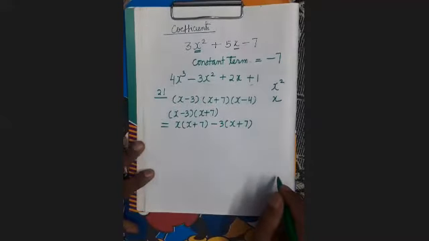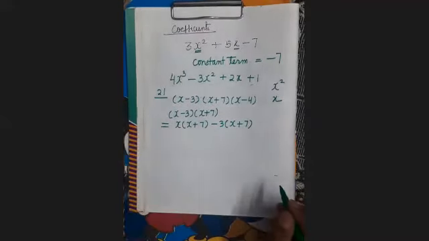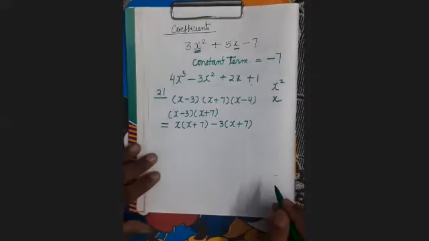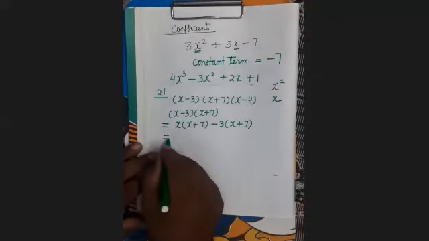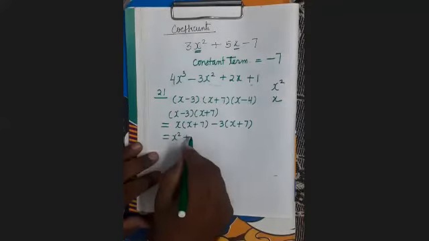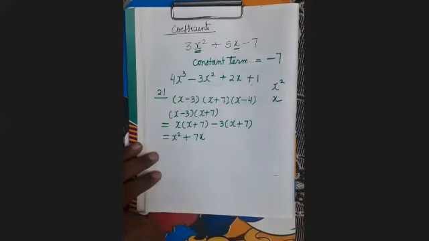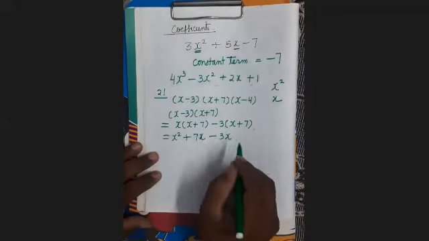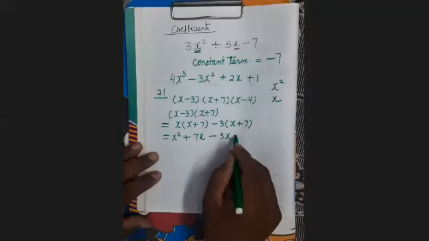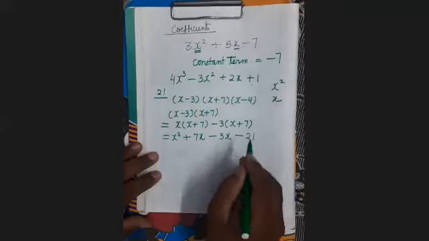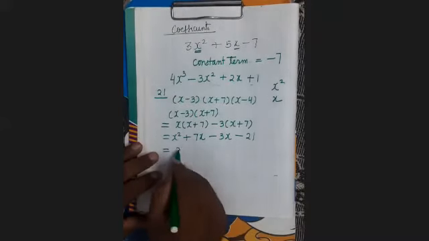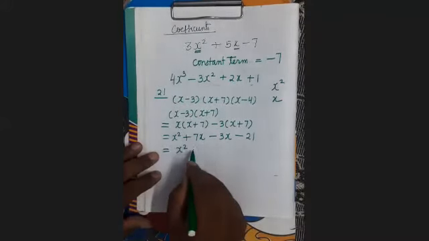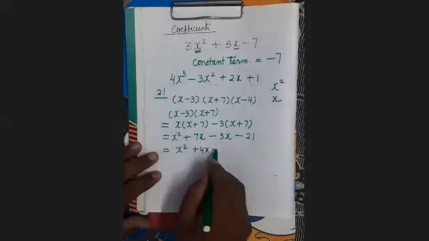Now x into x is x square, plus 7x, minus 3x, minus 3 into 7 is minus 21. What will you get? x square plus 7x minus 3x, that is plus 4x, minus 21.